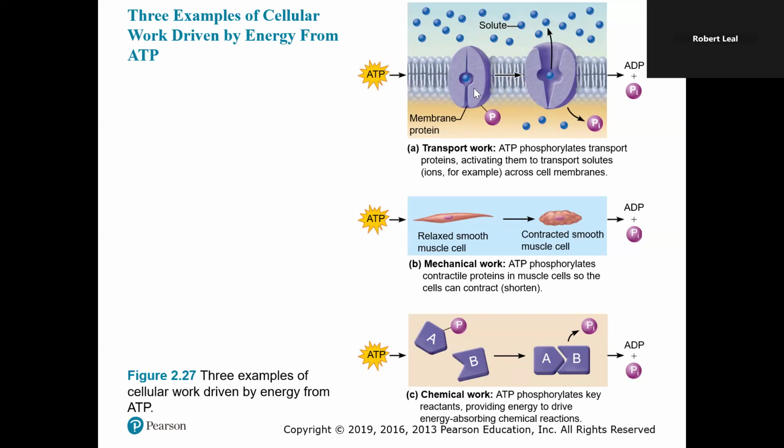But once it gives up the phosphate, the ATP, now the channel's open. You're allowed to do work. Here, ATP, you give up phosphate, can also allow muscles to contract, or ATP can give up a phosphate to help exchange or bring reactants together in a reaction. So that's the molecule all cells need to make in order to survive. And you need to provide a cell to make ATP. You need to provide it oxygen and a nutrient.